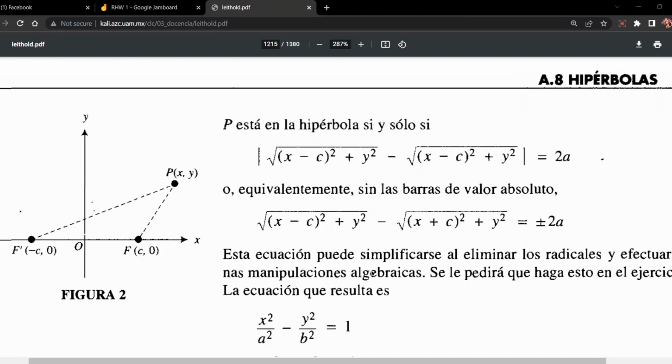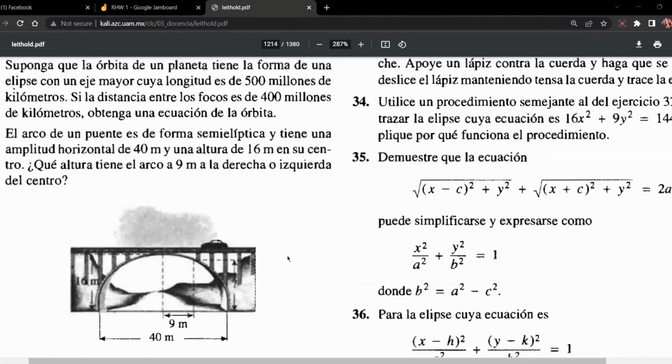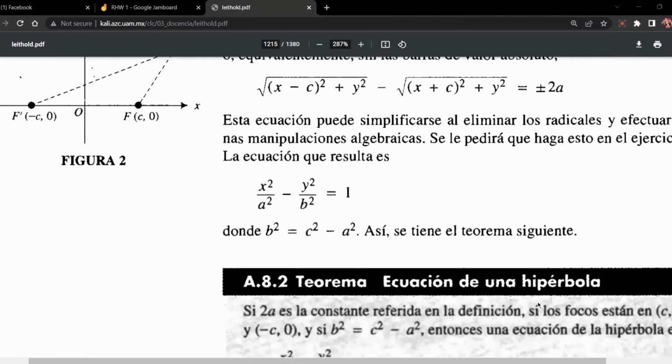Show that the equation can be simplified to x squared over a squared minus y squared over b squared equals 1, where b squared equals c squared minus a squared. So gawin na natin yan para get it out of the way.